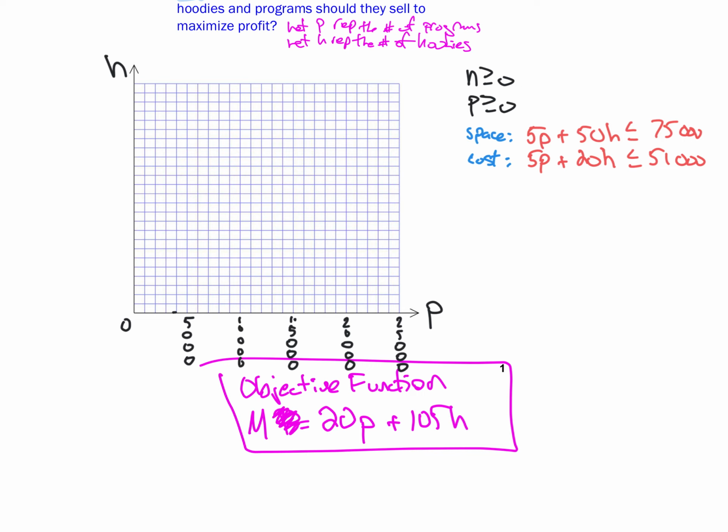Okay. And if I take a look at what those other intercepts are going to be, there's one at 1,500 and at 15,000.